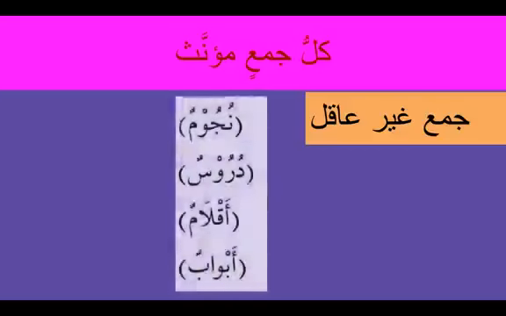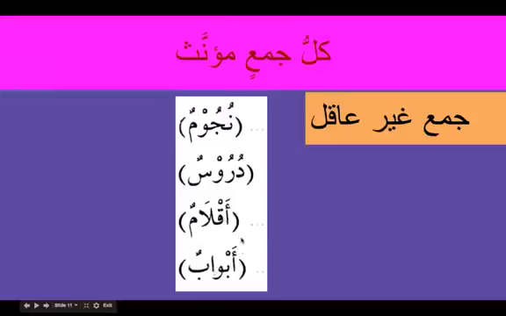Very few use sound forms, but most of the jam'u ghayr aqil are jam'u taksir. For example, nujumun, durusun, aqlamun, abwabun. These are the plurals for najm, stars; durus, plural of dars, lesson; aqlam, plural of qalam, which is pen; abwab, plural of bab, which means door.